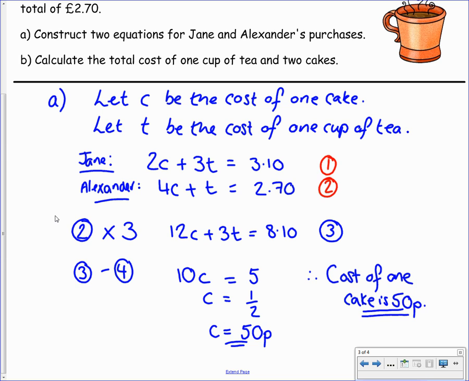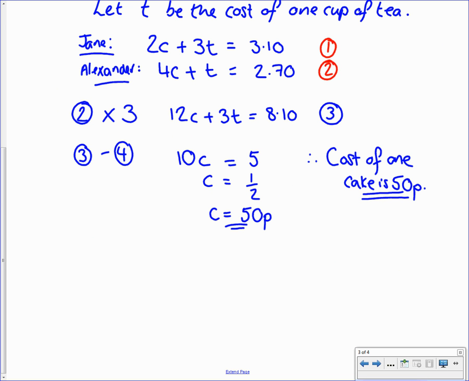Now we're just looking for the cost of a cup of tea. As before, we want to take this value and substitute it into one of the equations. So we'll sub c equals 50 into, let's go for equation number 2 this time. We don't really want to use 50 pence in the equation.